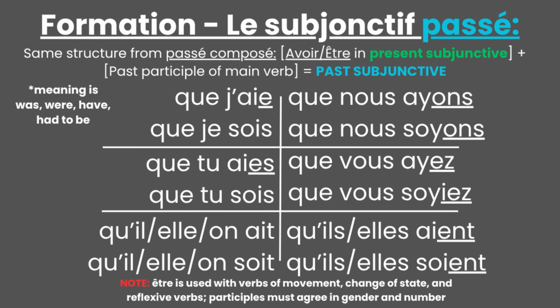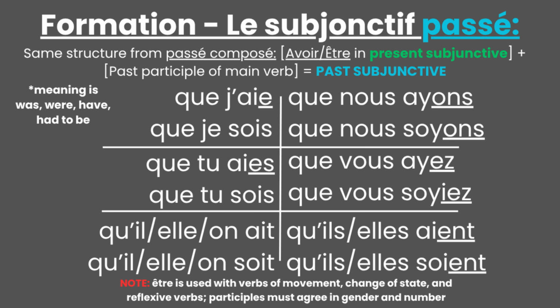These are the conjugations that we will need to form the past subjunctive, which will begin with the idea of uncertainty. Que j'aie, que tu aies, qu'il, elle, on ait, que nous ayons, que vous ayez, qu'ils, elles aient.